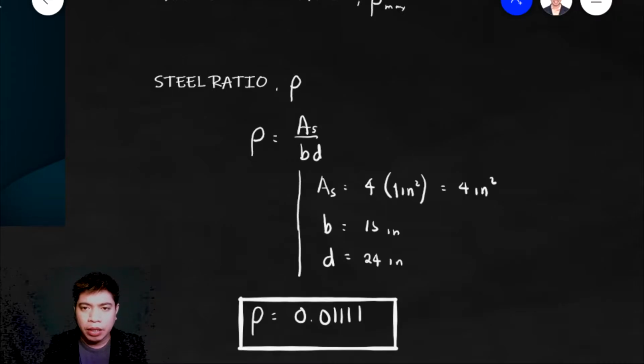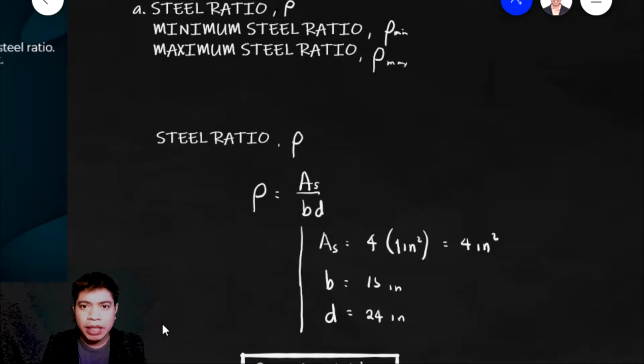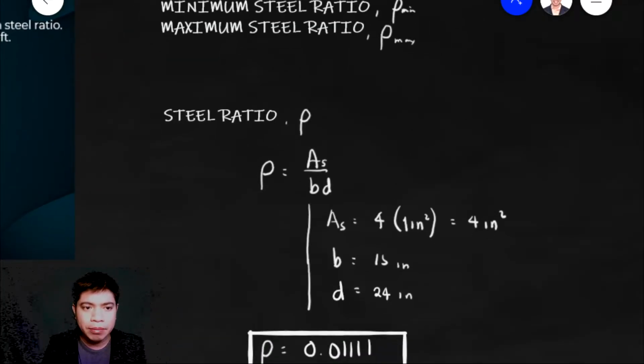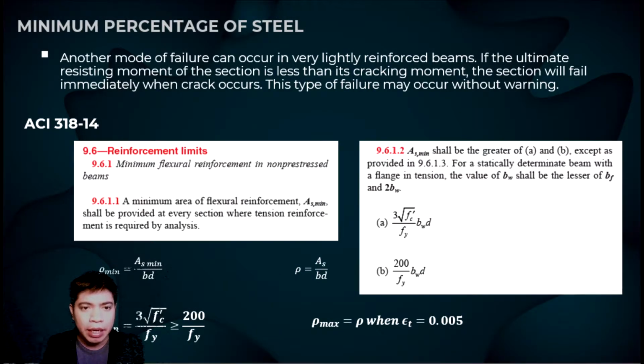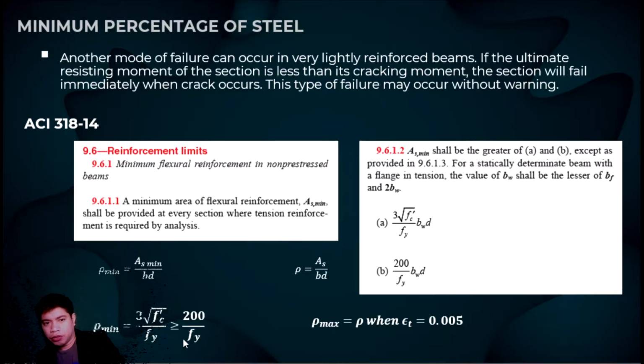Okay? So ayun guys. So dito na tayo ngayon sa ρ minimum. Ano ba yung formula natin gagamitin sa ρ minimum? So kung naalala nyo sa ating diniscuss kanina, yung ρ minimum nga is 3 square root of f sub c prime, yung mas malaki sa kanilang dalawa.